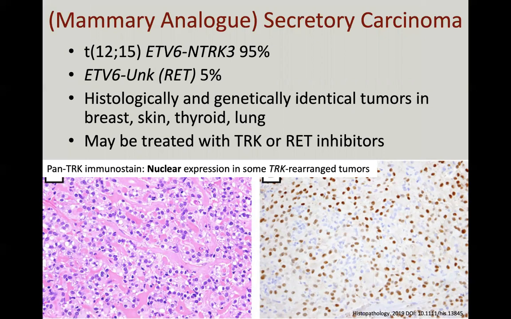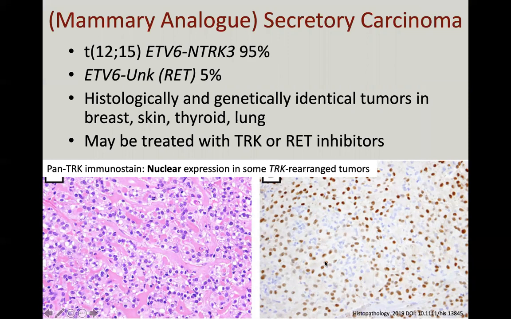All right, so moving on to the additional differentials of secretory carcinoma. As you know, having ETV6 gene rearrangement, which is histologically and genetically identical to those same tumors found in the breast, the skin, the thyroid, even the lung. The importance here is that these tumors that are NTRK rearranged, which is the vast majority of them, can be treated with TRK inhibitors.